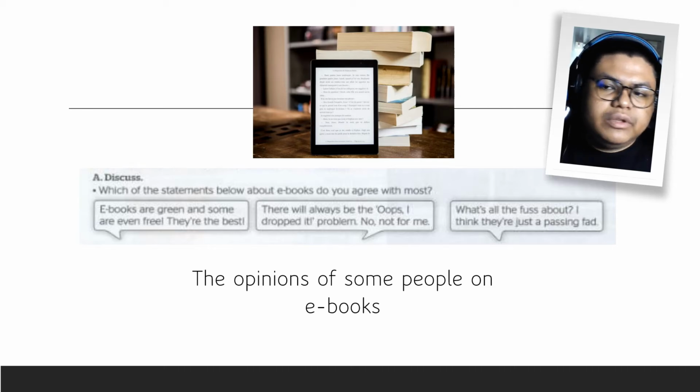So which do you think the person agrees with the usage of ebooks? Which one? And which one do you think the person disagrees with the usage of ebooks? So let's check it out.